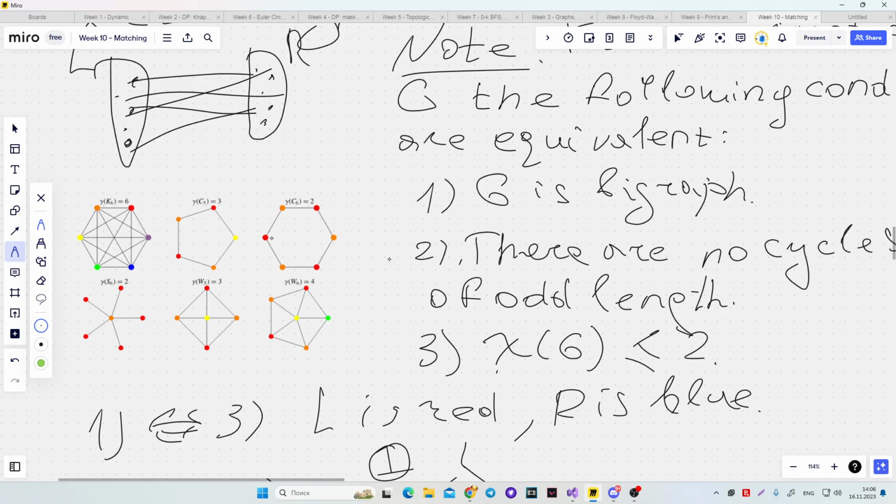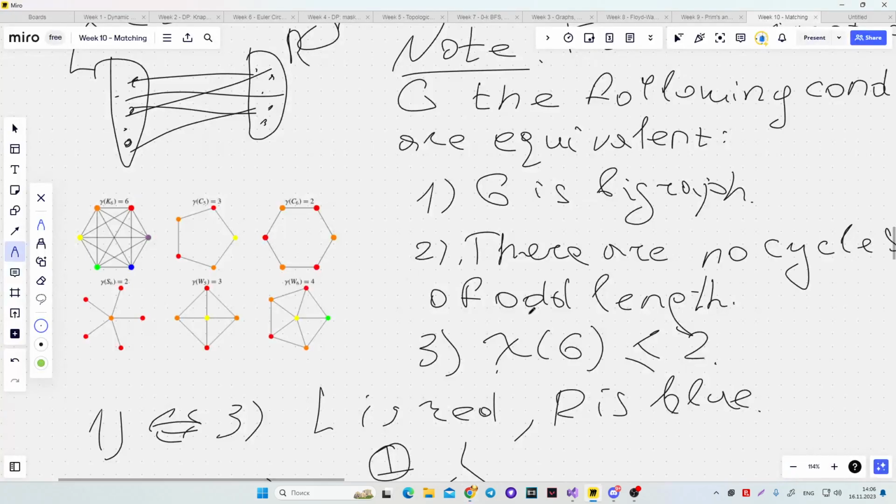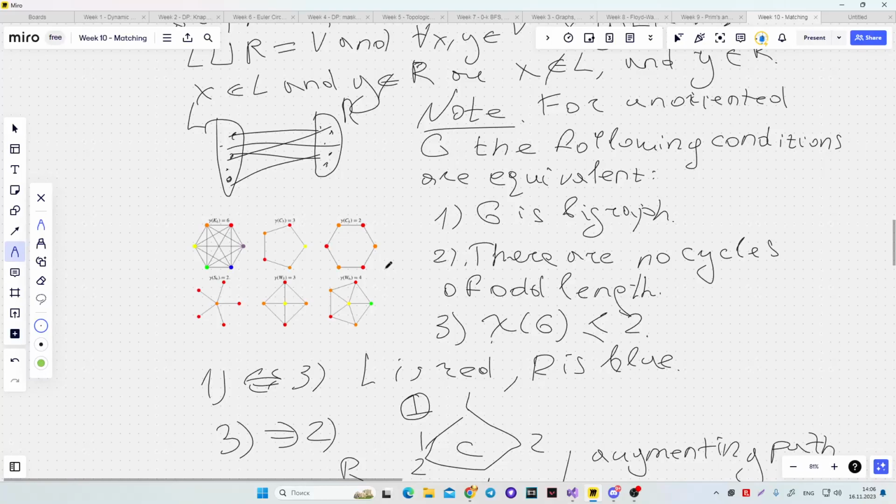It's clear that in this task we just apply this criterion. But what is the easiest way to check that a graph is bipartite? Use these conditions.